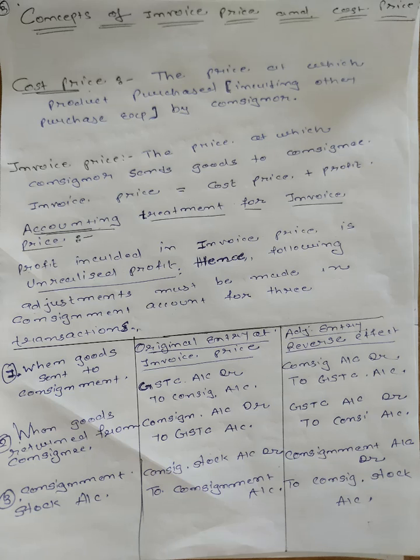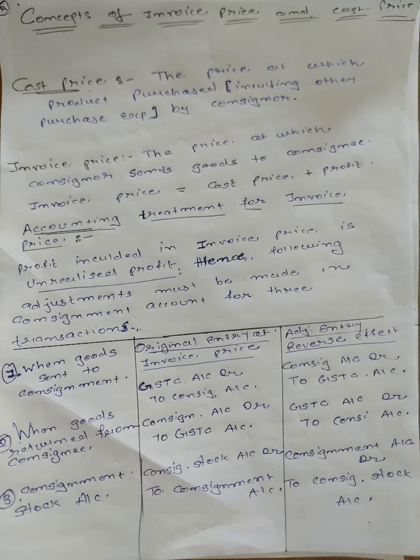Now when goods are returned from the consignment, the original entry is goods sent to the consignment account debited to consignment account, and the adjustment entry with the profit figure is consignment account debited to goods sent to the consignment account. For the same, consignment stock: at the end of the consignment business, you value your stock.